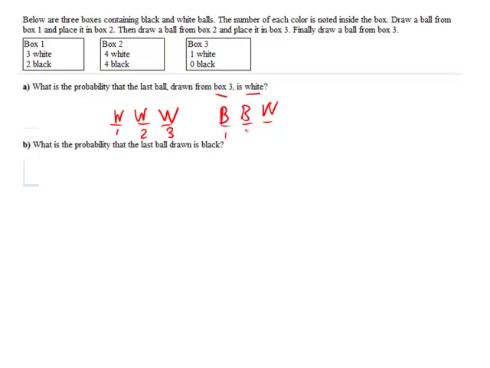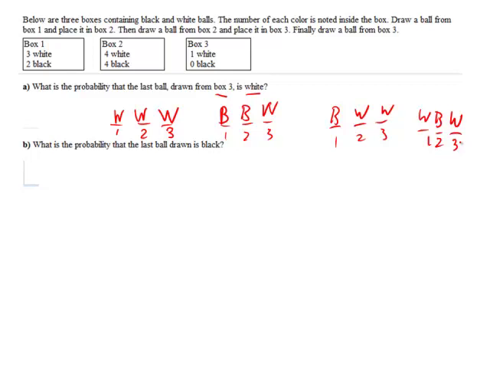Maybe a tree diagram might be helpful. Black, white, then white. And then finally white, black, then white. Okay, this is half of the options. There are 8 different options.